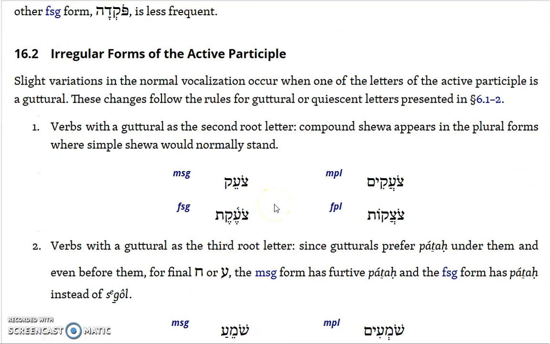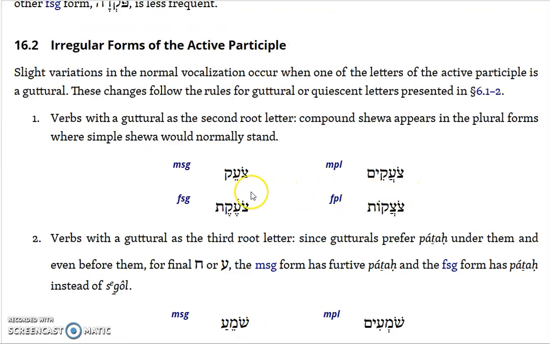Now, there are some reasons why this pattern will break down. One reason is if you have a guttural in the second position. So you have sa'aq, which means to cry out.